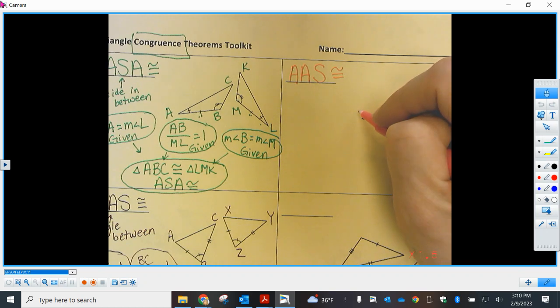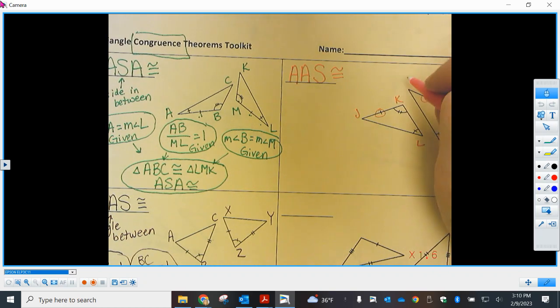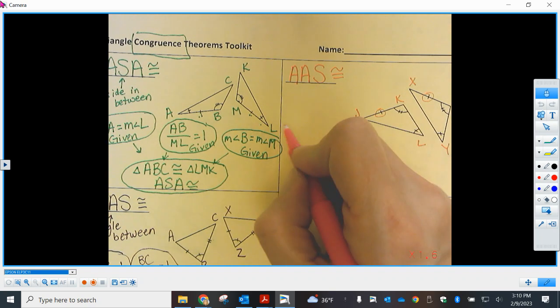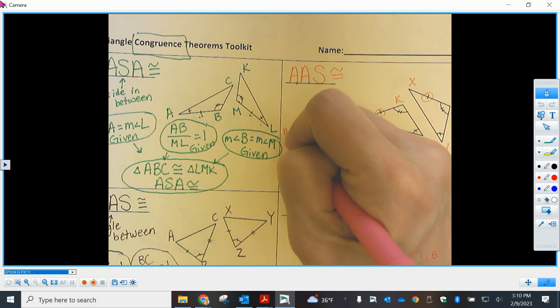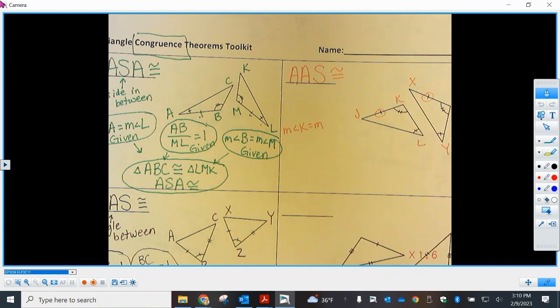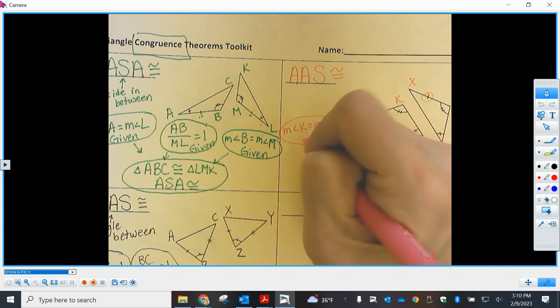All right, so we're going to label, let's go with J, K, L, and X, Y, and Z. So we can say the measure of angle K equals the measure of angle Z because they told us, given.